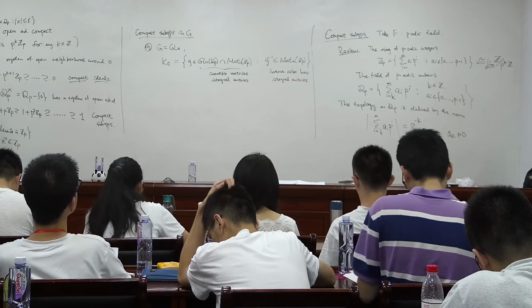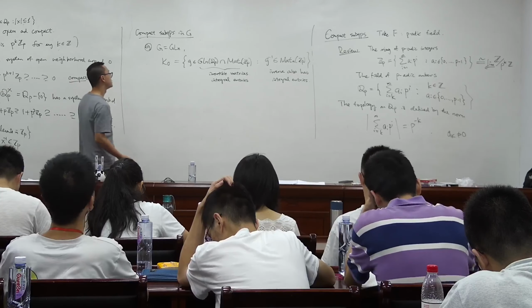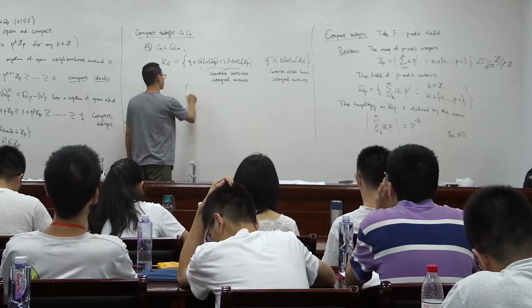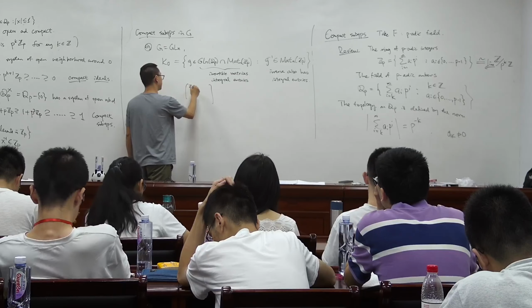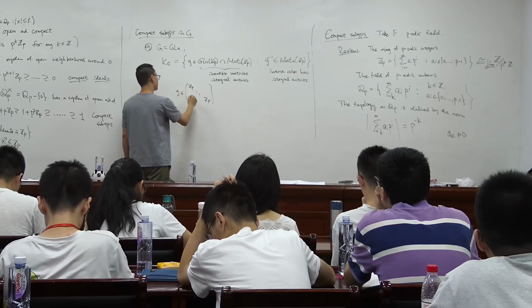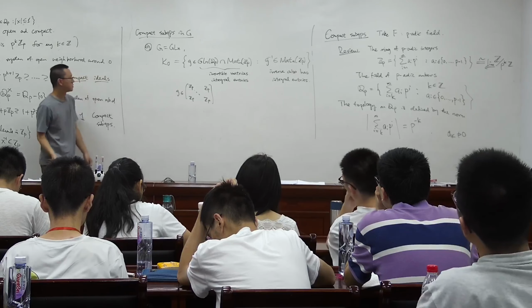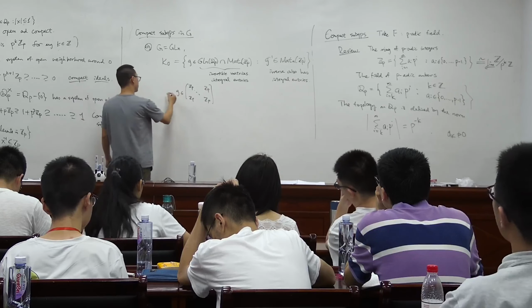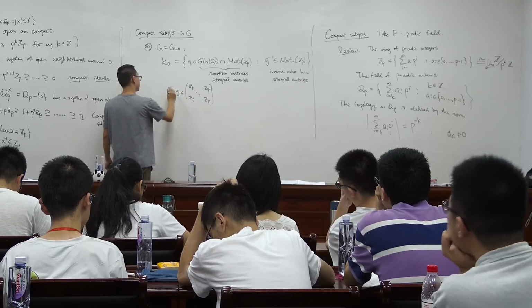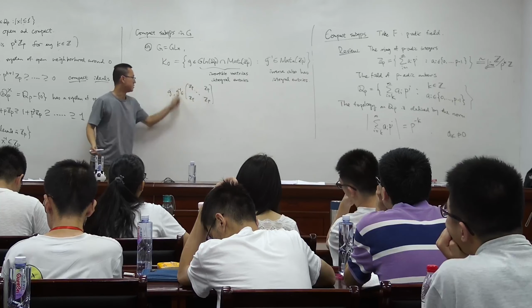Roughly speaking, you just think about such a matrix as having integral entries, everything is in Z_p, and whose inverse also looks like this.